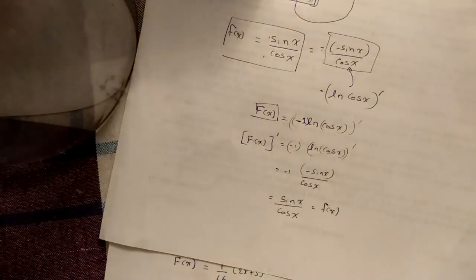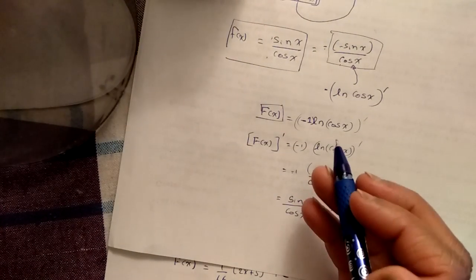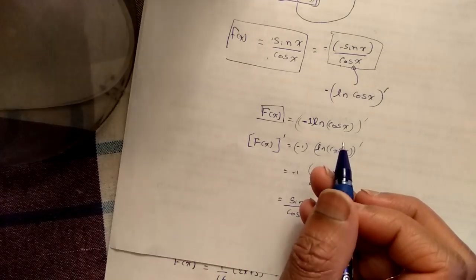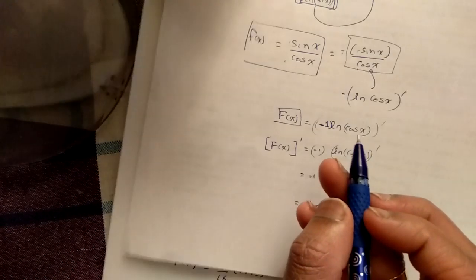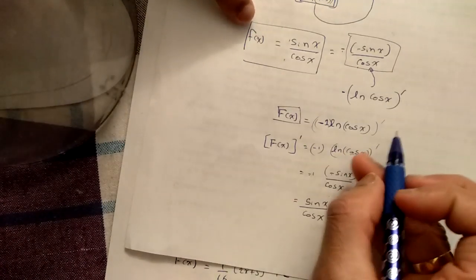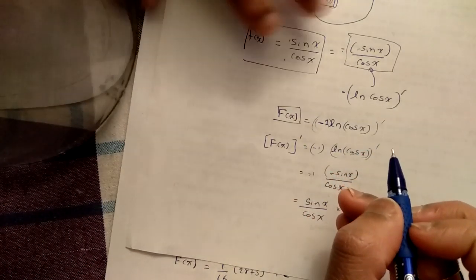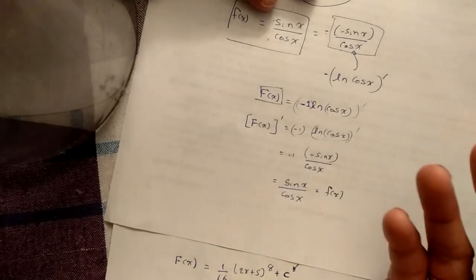In this third worksheet, you are asked to find a particular antiderivative. You just have to find one antiderivative. You don't have to mention it as a general one with an arbitrary constant.